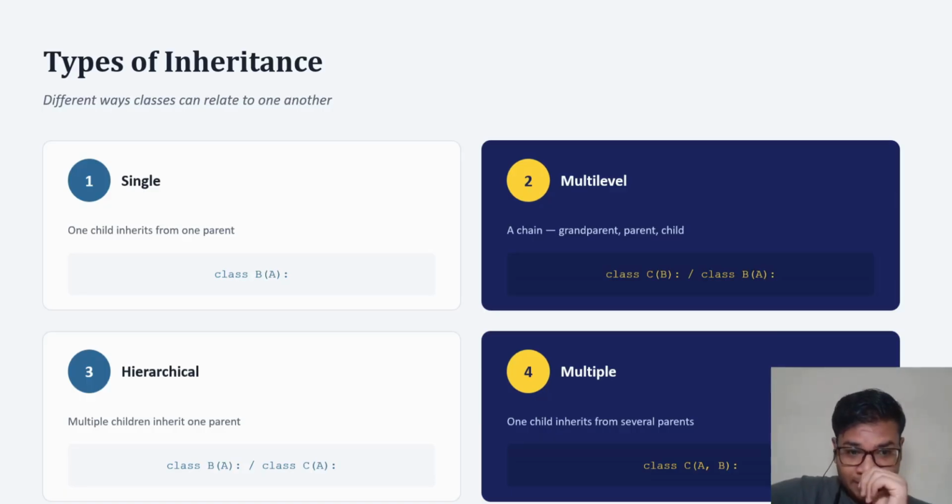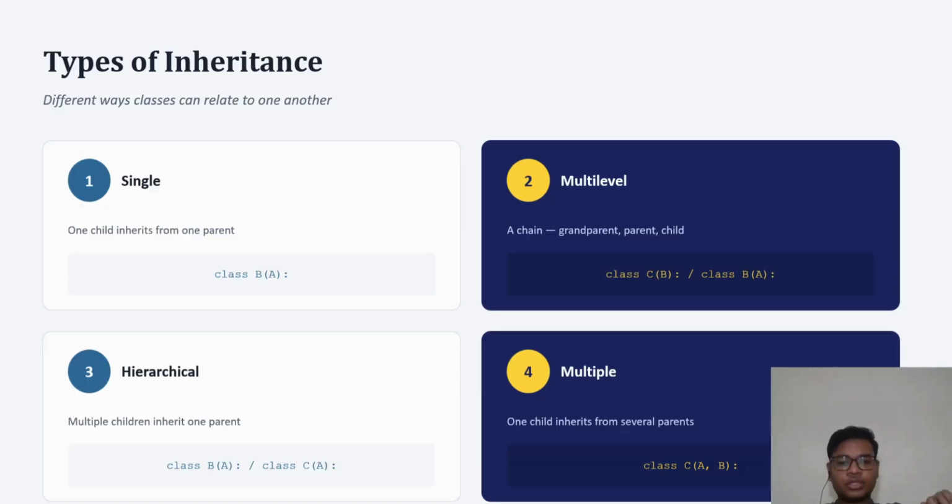But in hierarchical, we have only one parent, that's the A, and here are the two children. Just take an example like we have an animal as a parent, and after that we have children: first is a dog, and second one is a cat. So these are the example of hierarchical. We have only one parent and two children.